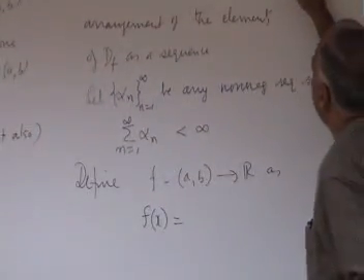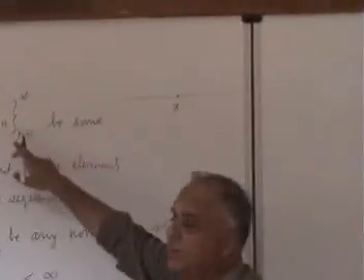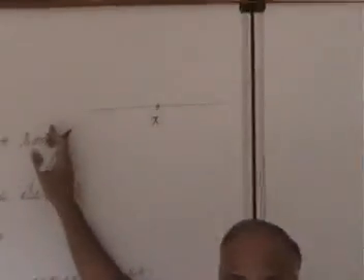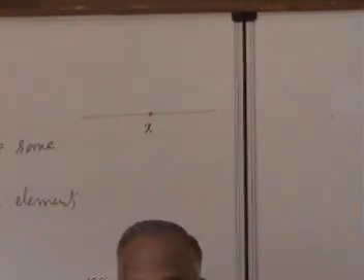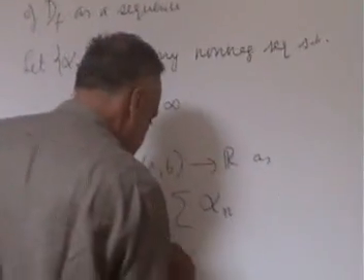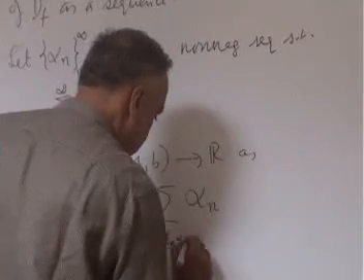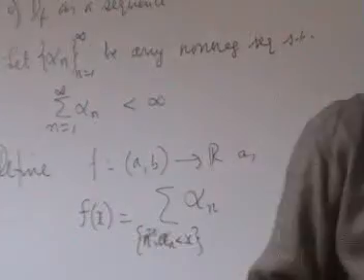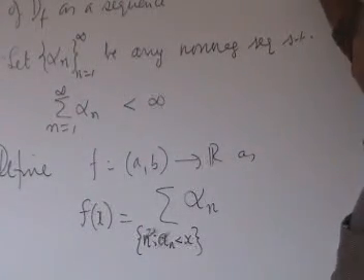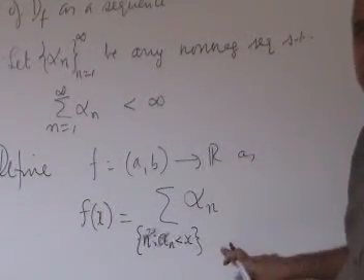You go and look at all those fellows from this set who are to the left of x, and pick up the corresponding alphas and sum them. So how do I write? Summation of alpha n over all n such that a_n is strictly less than x. Take all those a_n. If a_n is to the left of x, I put the corresponding alpha n term.